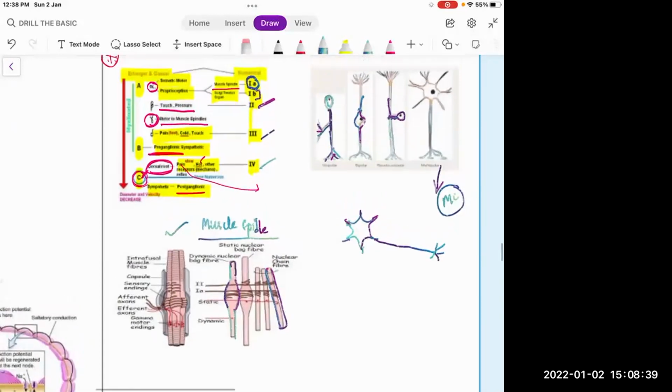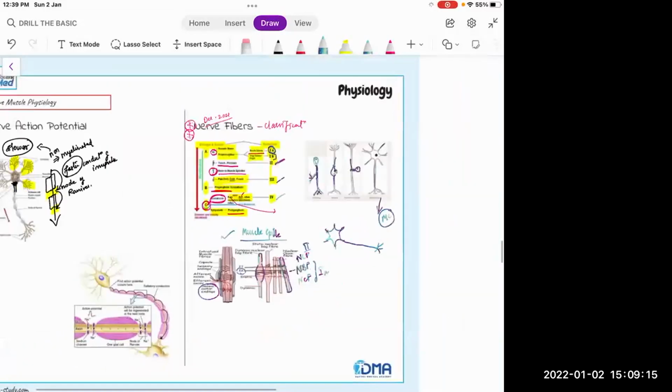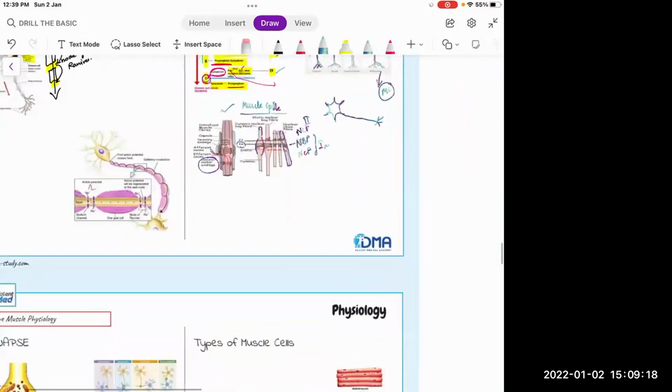Type 1A is the sensory supply for the muscle spindle, giving rise to both nuclear bag fibers and nuclear chain fibers, whereas type 2 supplies only nuclear chain fibers. The gamma motor neuron is the motor supply present in all the muscle spindles. This is the diagrammatic representation of the muscle spindle and its nerve fiber distribution.